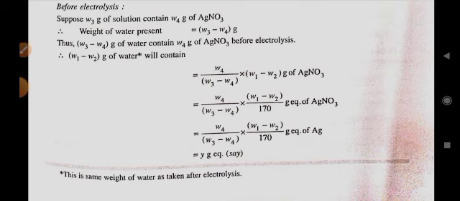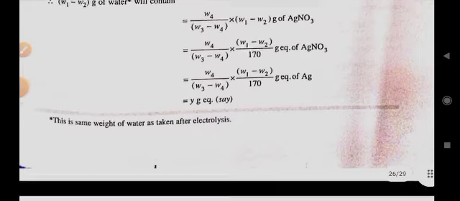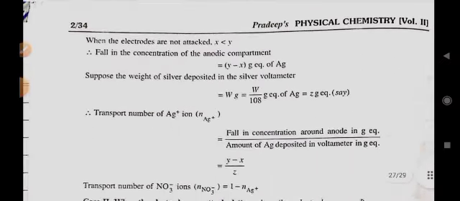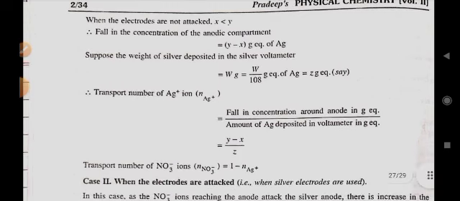W1 minus W2 of water will contain W4 upon W3 minus W4 into W1 minus W2 gram of AgNO3, which is W4 upon W3 minus W4 into W1 minus W2 upon 170 gram equivalent of Ag, equal to y gram equivalent. So when the electrodes are not attacked, y is greater than x, the fall in concentration of the anodic compartment.